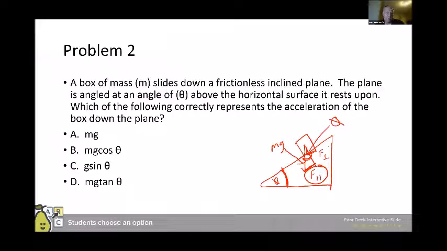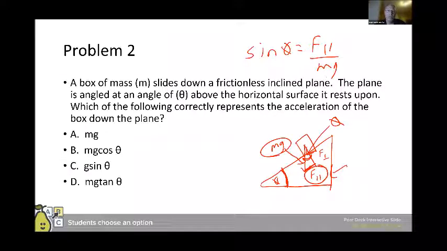So I'm going to do a little trig and get myself an equation for that in terms of theta. Notice that F parallel is opposite theta. It's the opposite side of the triangle. So I'm going to use sine. The sine of theta, remember that sine is opposite over hypotenuse. So my opposite side is that side, and my hypotenuse of this triangle is mg.